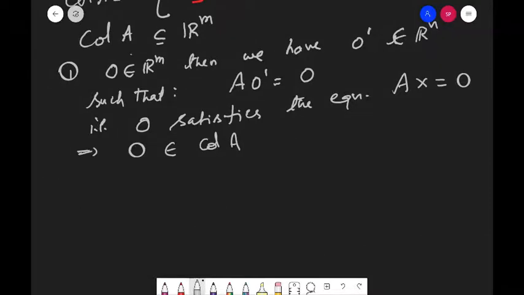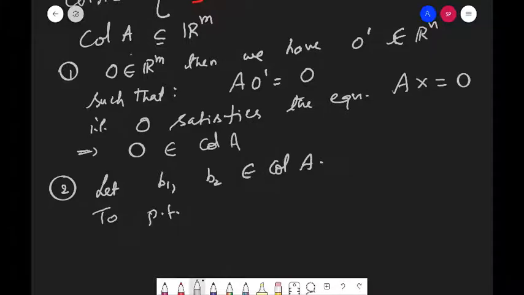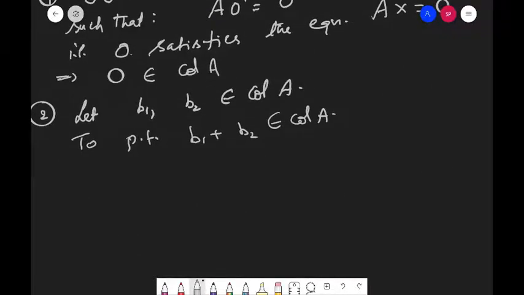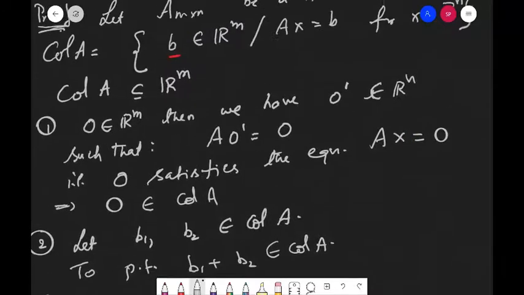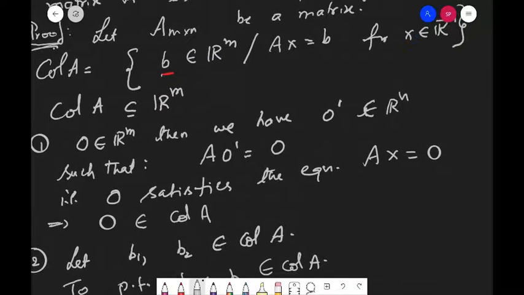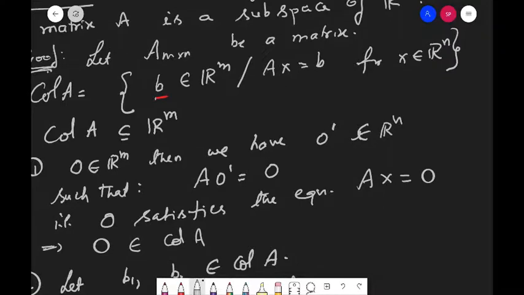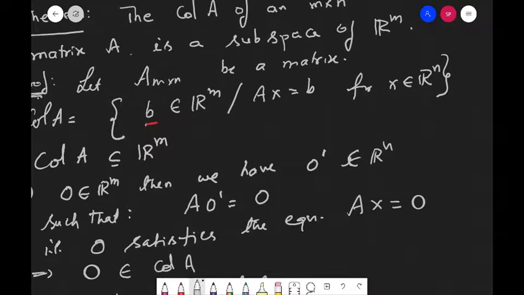Now let us take the second one. So let b1, b2 belong to column space A. What do we have to prove? To prove that b1 plus b2 belongs to column A. So since b1, b2 belong to column A, if there is a b in column A, then there will be an x in Rn related to b such that Ax is equal to b.